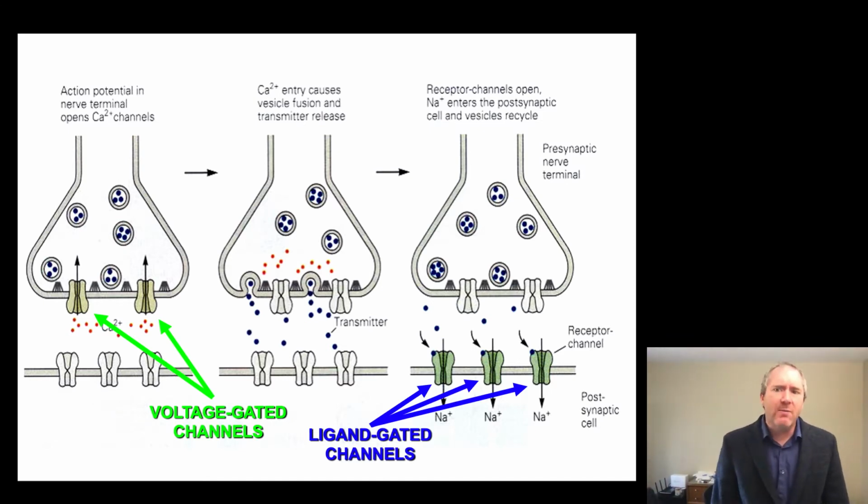GABA activates a class of ion channels called GABA A. These mediate the fast synaptic inhibitions, or IPSPs. By contrast, glutamate would be the primary excitatory neurotransmitter in the central nervous system and activates three classes of ion channels, AMPA, kainate, and NMDA, that mediate fast synaptic excitations, or EPSPs.